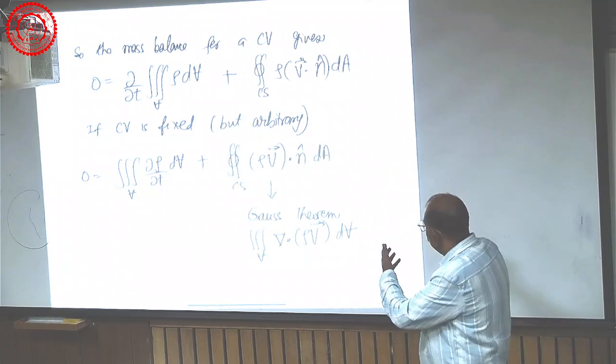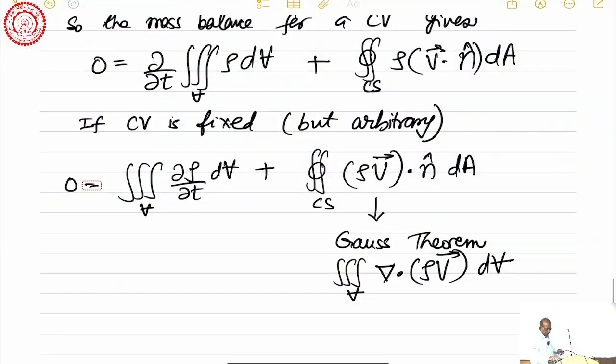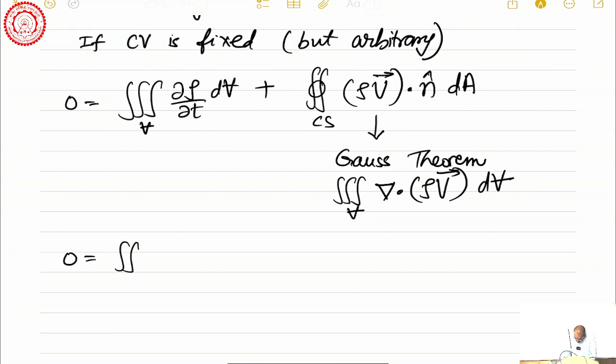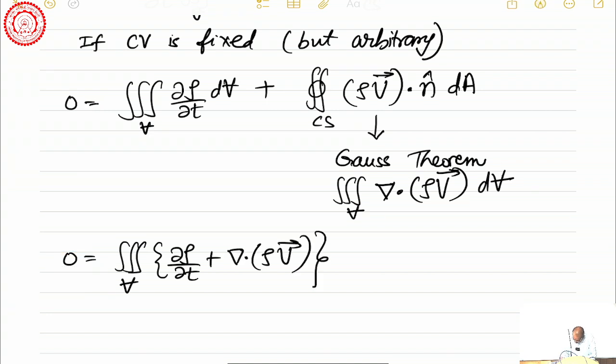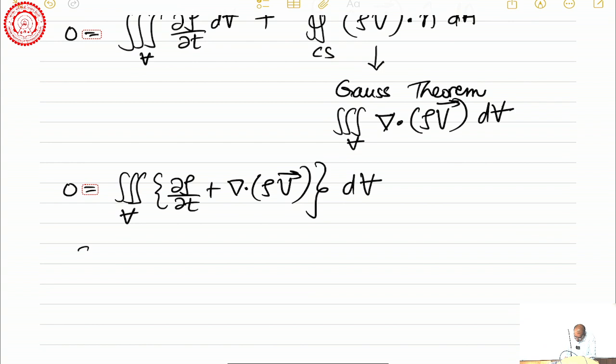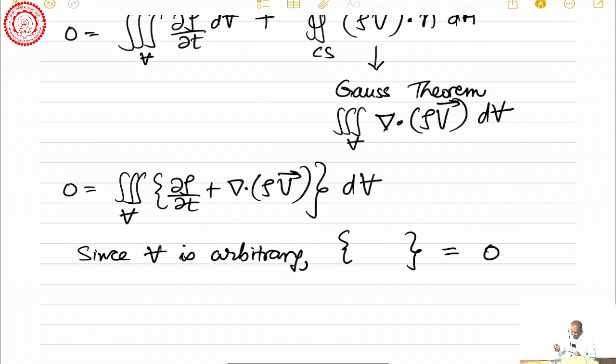So this becomes divergence of rho v dV, and then I will get 0 is equal to volume integral of... and now I make one more argument: since V is arbitrary, the integrand must be 0.